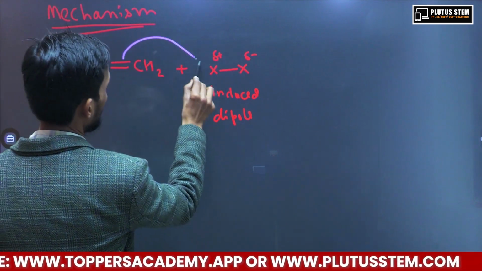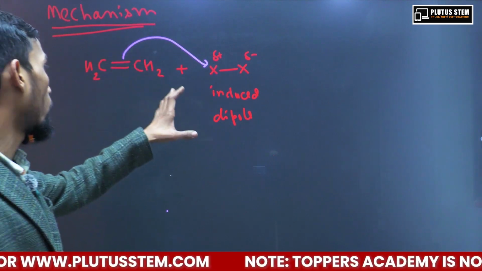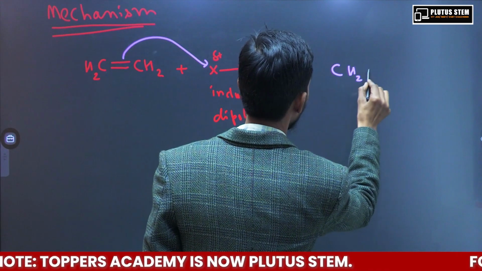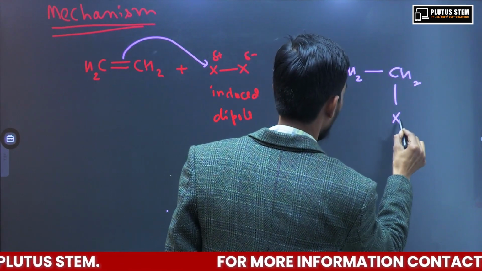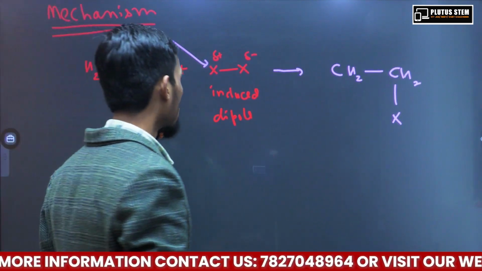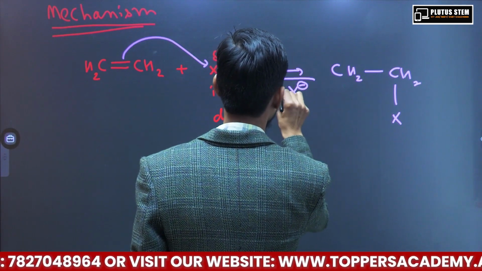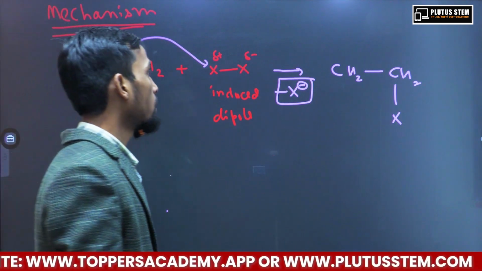On that induced dipole, this halogen X is going to attack. We get C single bond CH2 single bond X. This X is neutralized and we get an X negative over here, which leaves.